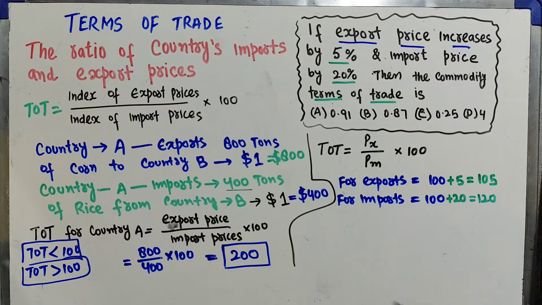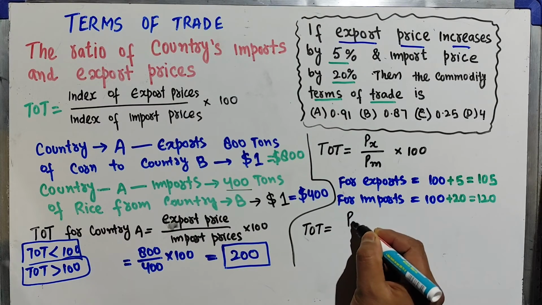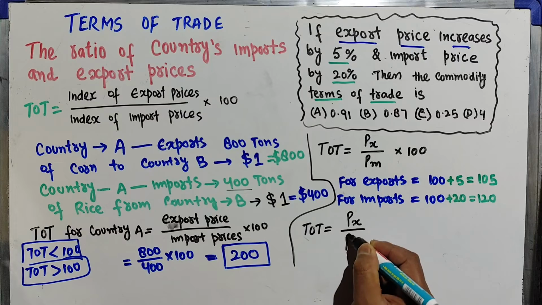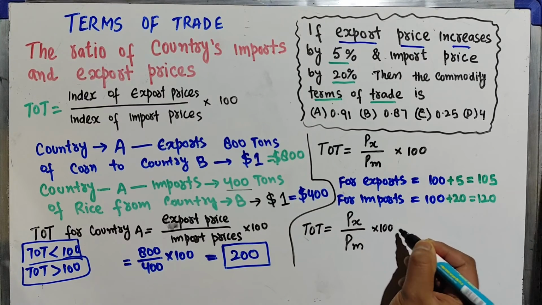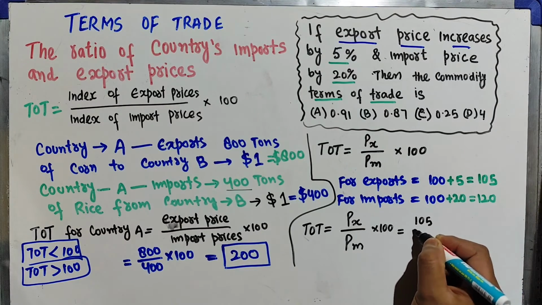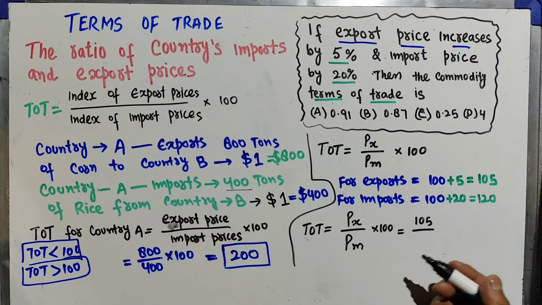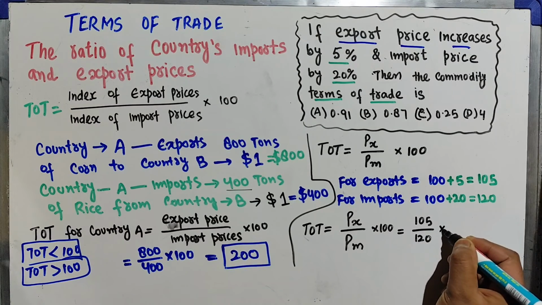Now what will be the terms of trade? Terms of trade will be equal to price of exports upon price of imports into 100. Price of exports is now 105 and price of imports is 120, into 100.